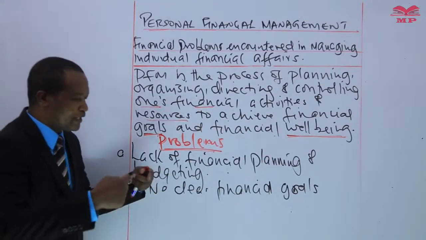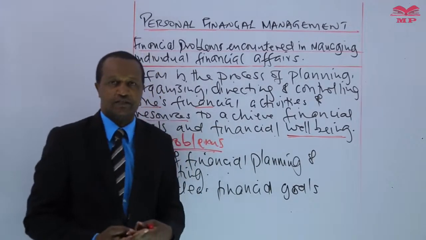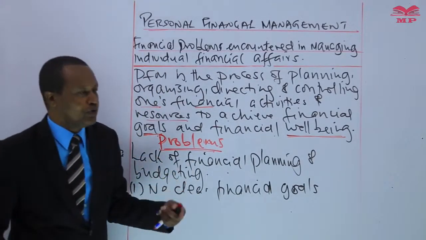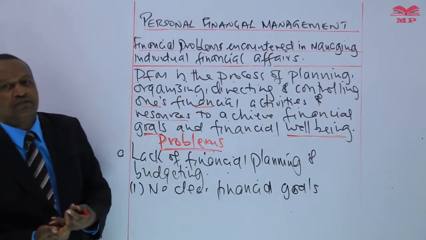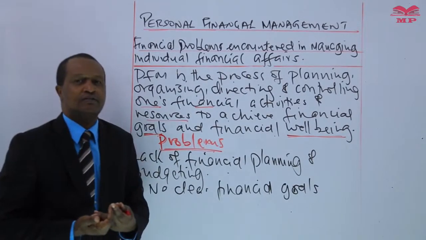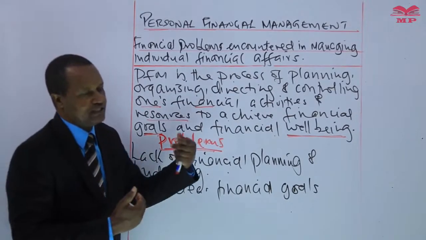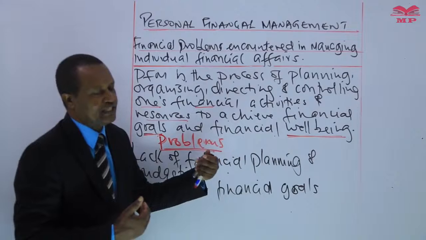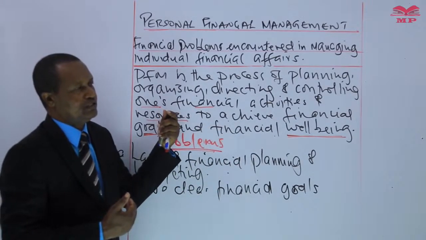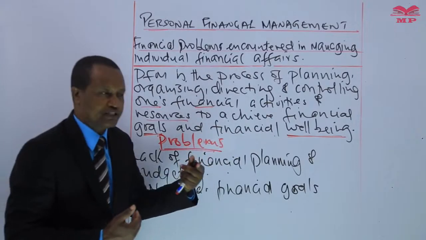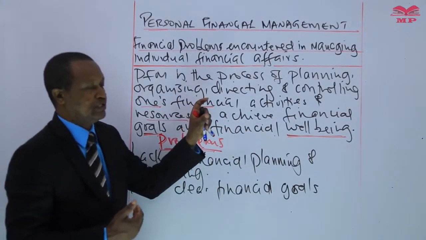So if there is no plan on how my income will be spent, then I'm most likely to spend my money aimlessly. Do you understand? If I have not decided in advance that of my monthly income, maybe 10% will be used on food, 10% will be used on this item, another percent will be used on maybe rent.